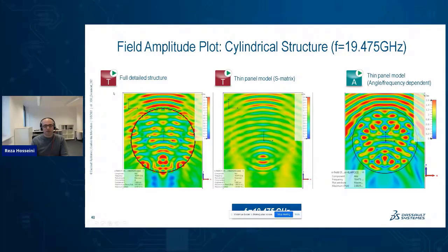In that case, as I said, we're expecting some cavity behavior, some standing wave behavior inside the cylinder, and the full detail structure shows us that, with some of the surface resonances as well. The asymptotic solver is also showing it to a certain degree, but the SIM panel with the S matrix basically does not show that much. The field is coming and getting through, and the cavity behavior is not there.